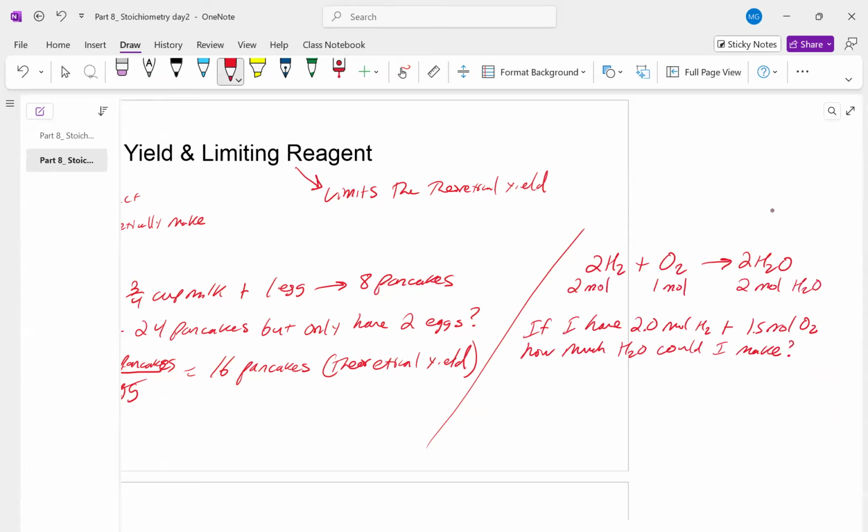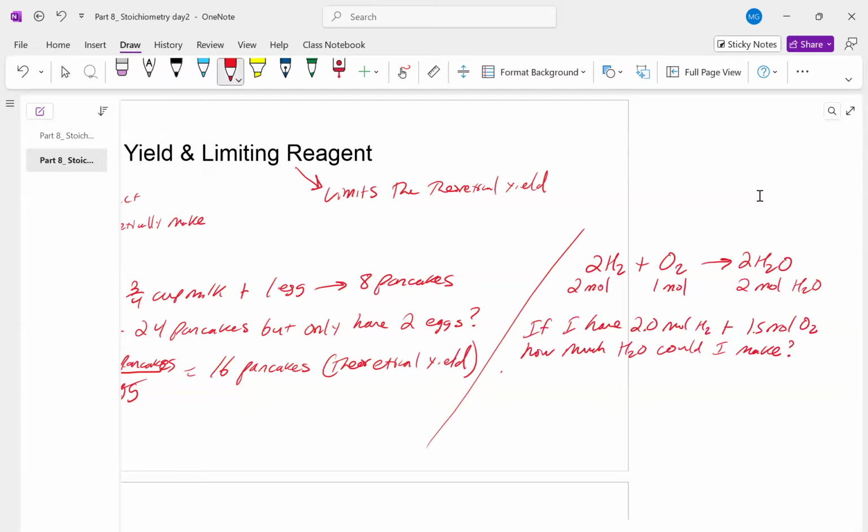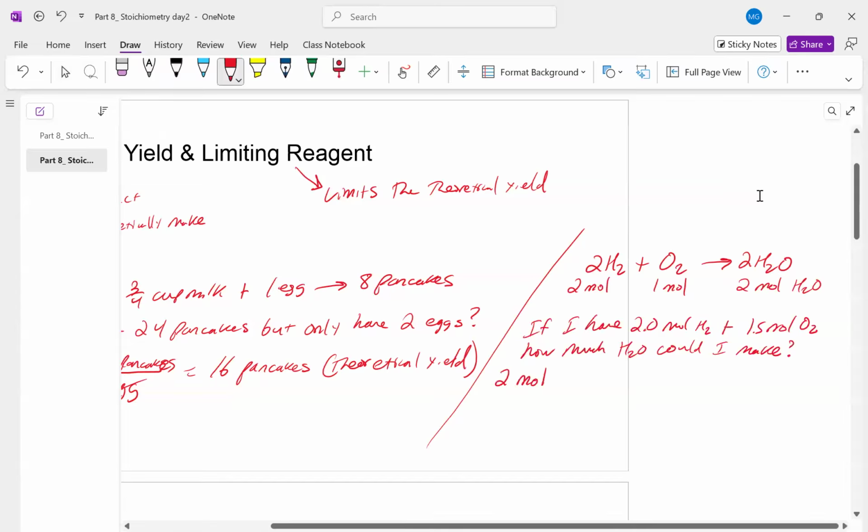So our first step in this problem is to find our theoretical yield. Actually, sorry, let me back up: to find the limiting reagent, because that determines our theoretical yield. So the easiest way to do this is to do this calculation for both hydrogen and oxygen.